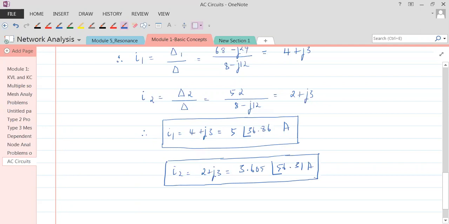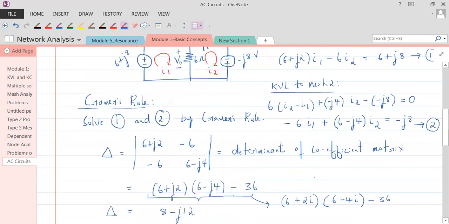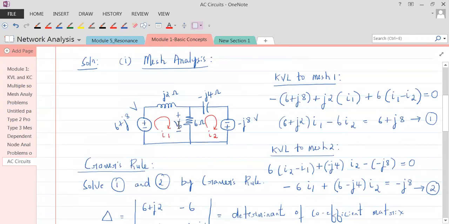After knowing I1 and I2, what is V naught here? V naught is 6 into I1 minus I2, since I2 is approaching with a negative sign and I1 with a positive sign.